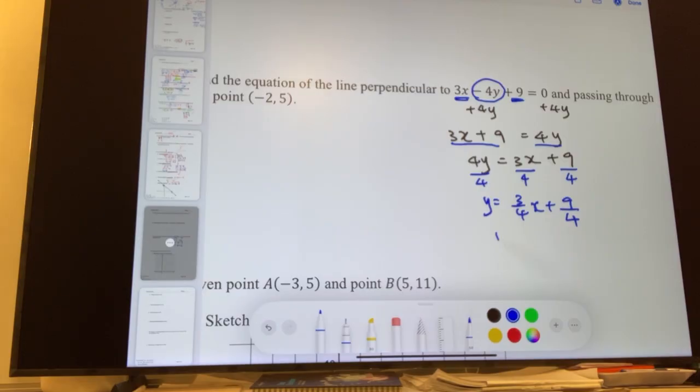So that means the gradient is equal to 3/4. So that is your m1.